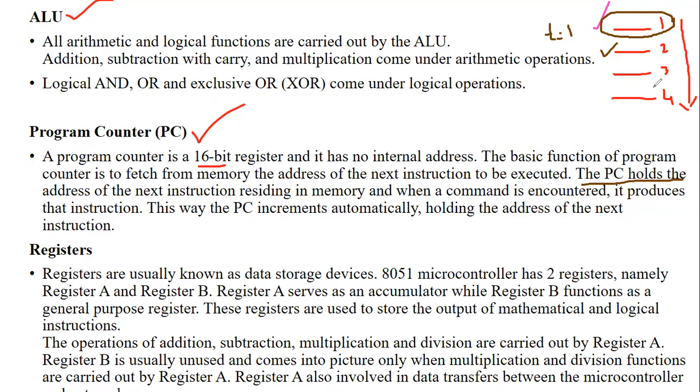Suppose this instruction is executed, and now the second instruction is executed by the microprocessor. Then what will be the content of the program counter? The address of the next instruction is the content of the program counter. So this is the function of program counter.